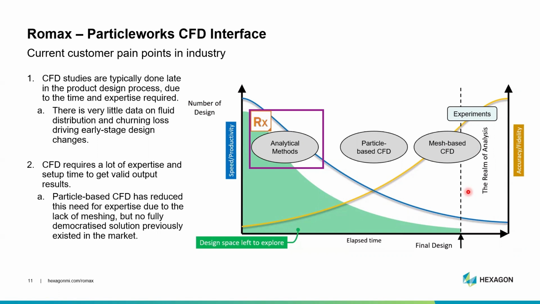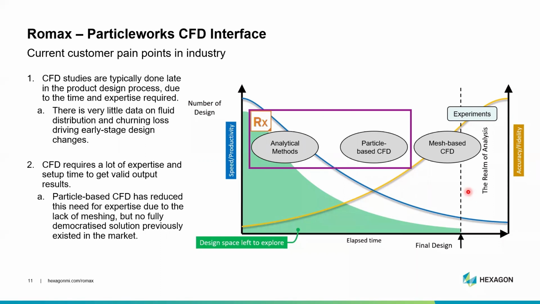And so often we know from our customers, CFD is only done late in the design process. It takes time and it's expensive. That means that at the early stage, there's very little data on fluid distribution available to help drive design decisions.